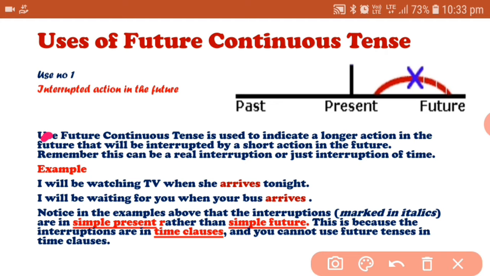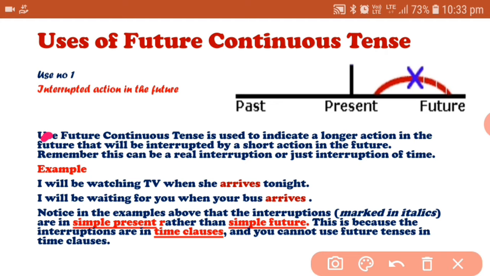For example, you can check, I will be watching TV when she arrives tonight. Students, there are two actions. First, I'll be watching TV. It means this action will be happening at that point of time in the future, when a short action interrupts the first action.